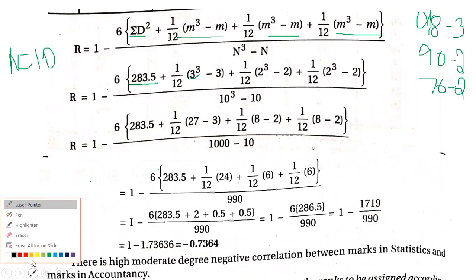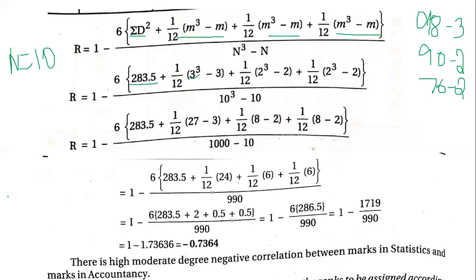The timeline will be there throughout your correlation and regression. So here it is +1, -1 and 0, and minus 0.25 and minus 0.75. Now what is the value? 0.7364.